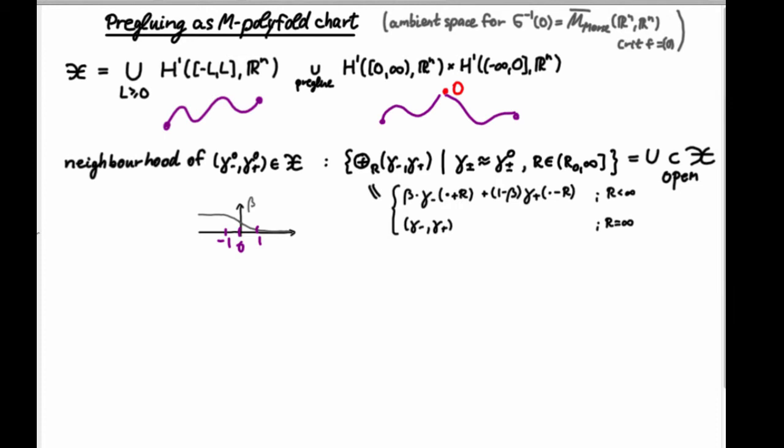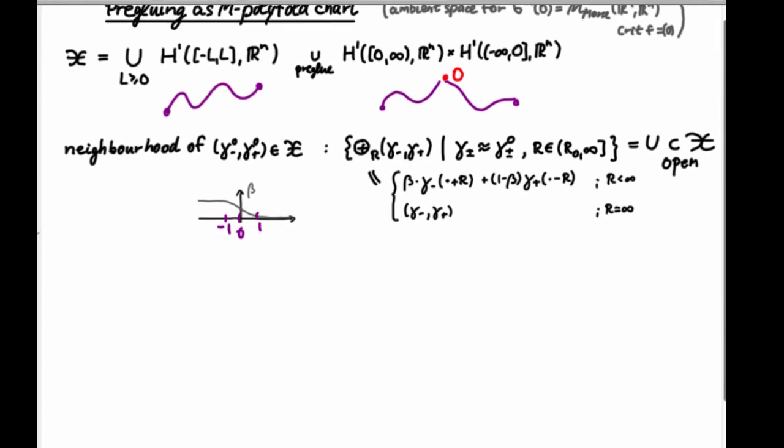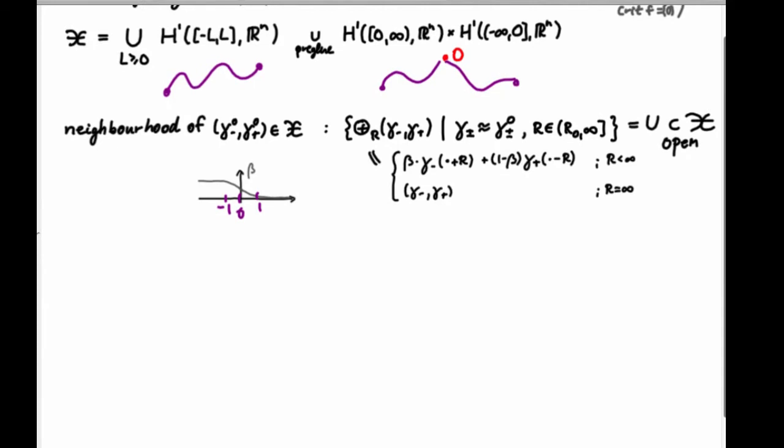Totally brutal construction, but well, it kind of looks scale smooth, right? Because we multiply, we add, and we shift. So in this gluing parameter, we're probably only going to have scale smoothness. So now I ought to see the M-polyfold chart here in this picture.